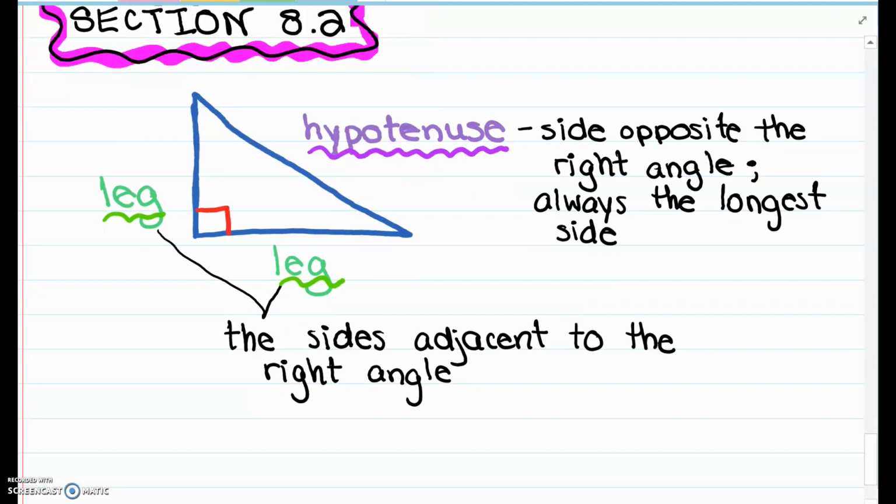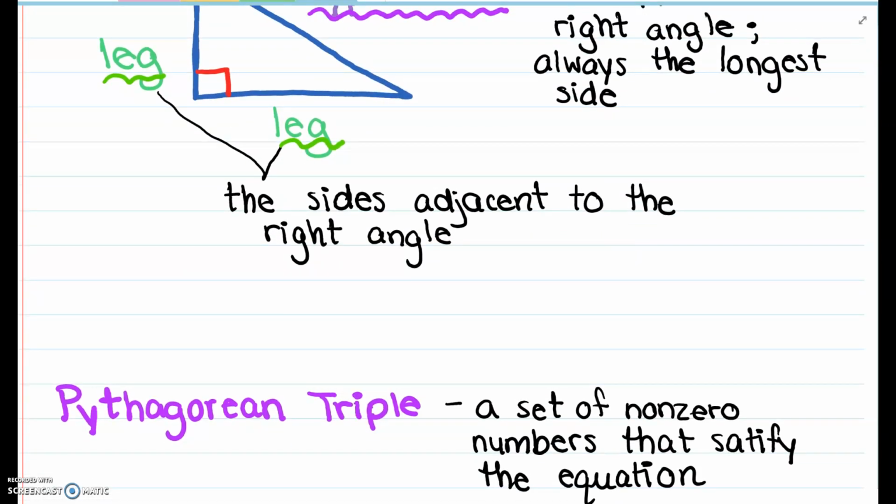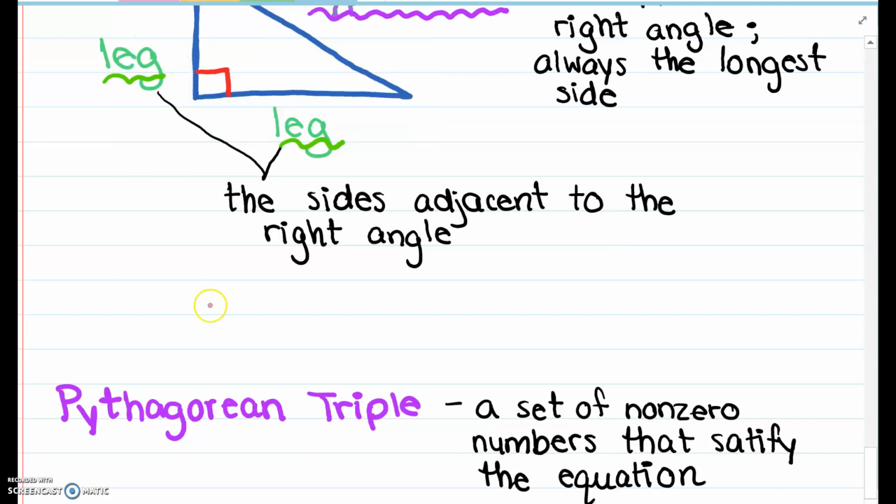The Pythagorean theorem states that in a right triangle, the sum of the squares of the lengths of the legs is equal to the square of the length of the hypotenuse. The equation for this theorem is c squared equals a squared plus b squared.